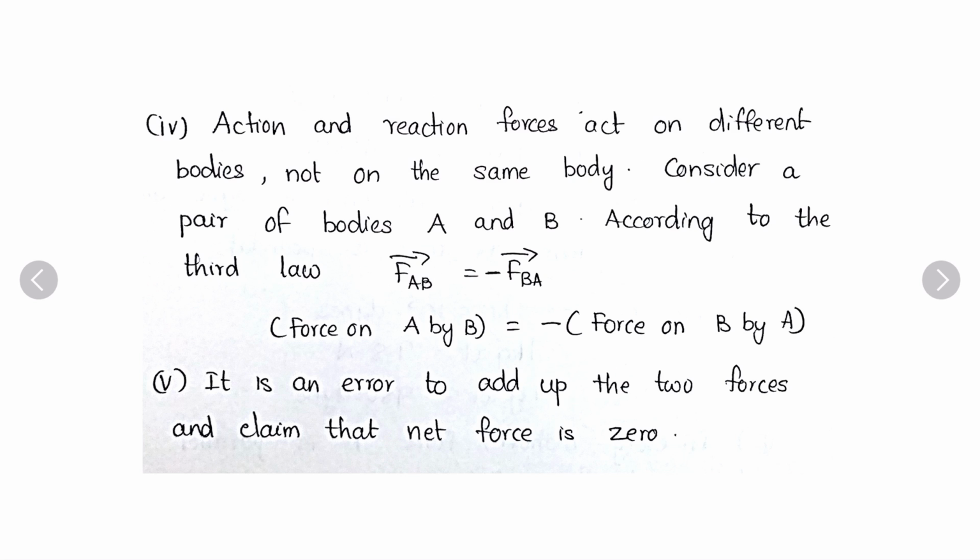So what we have learned today is Newton's three laws. Before that, we talked about inertia, and the three types of inertia: inertia of rest, inertia of motion, and inertia of direction. Inertia of rest means if something is at rest, it tries to stay at rest.